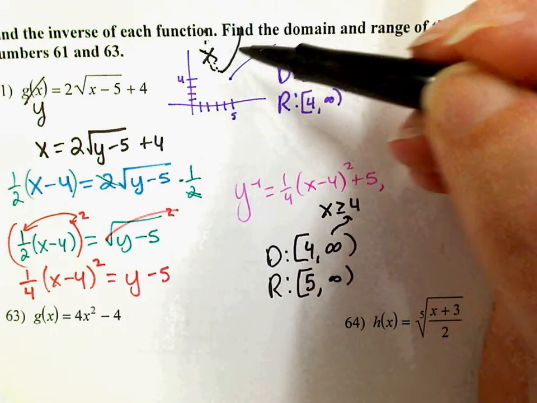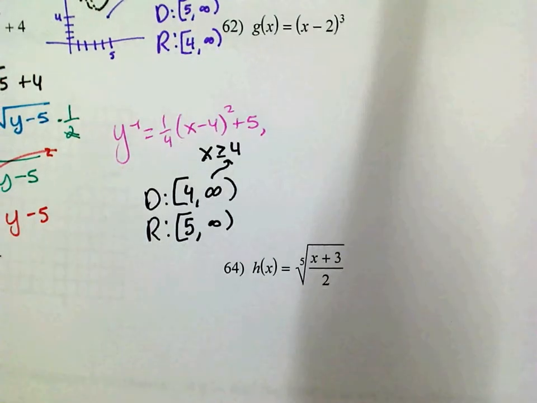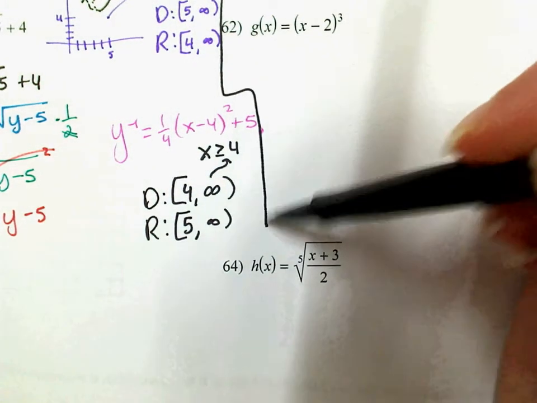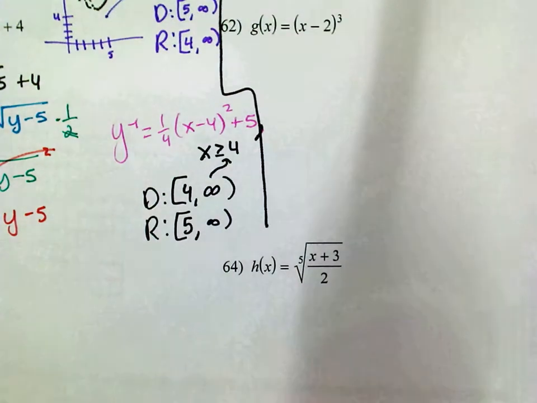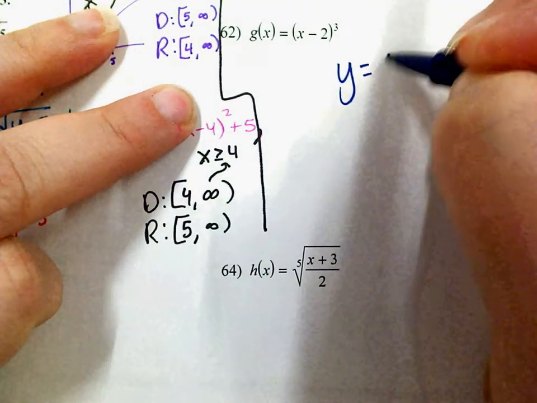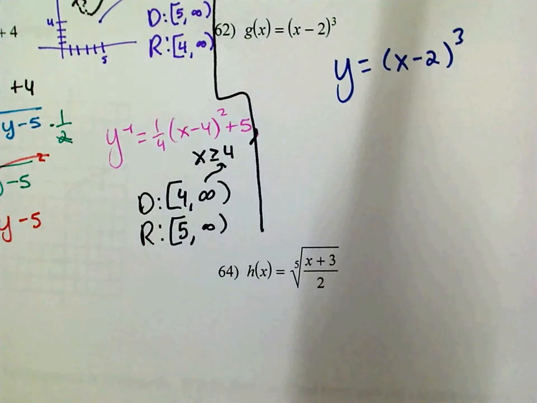So for 62, all we've got to do is find the inverse. Rewrite it: y equals x minus 2, cubed. First step is to switch the x and the y. x equals y minus 2, cubed.